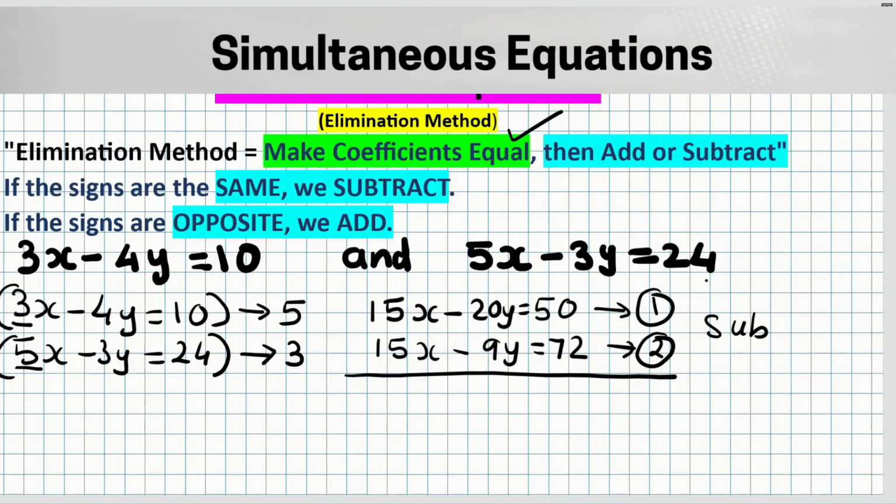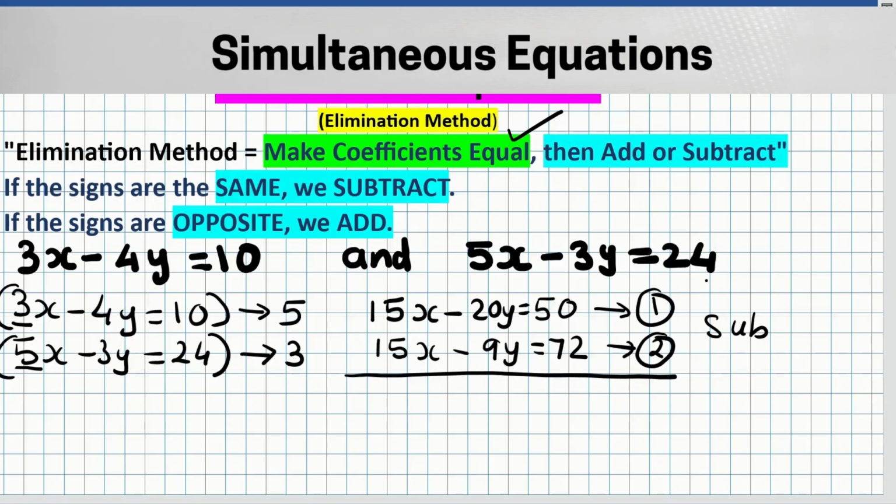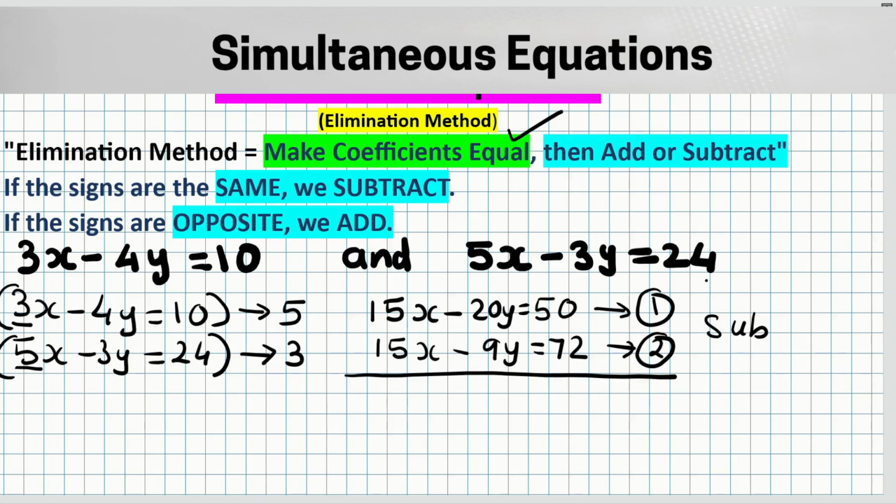Whenever we subtract, we need to change the sign. So students, I'm changing the sign here, you can see with red. Here it is minus, so it will become plus. Here this sign is plus, so it will become minus. And here 72 is plus 72, so it will become minus.